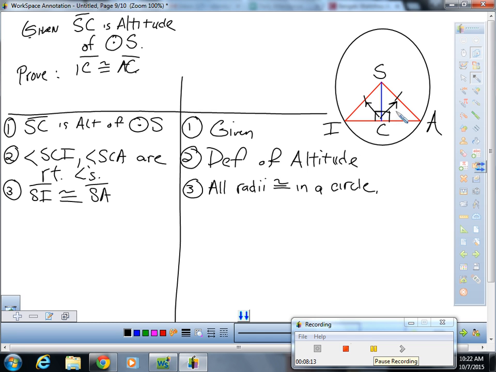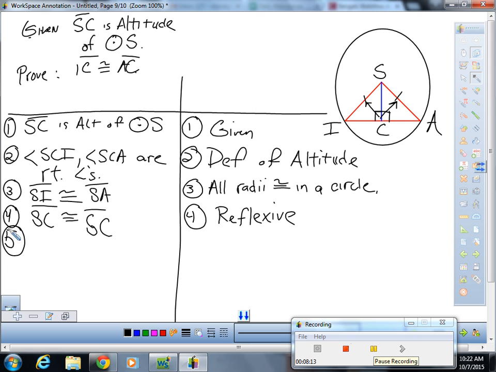I need an L. I need to show that one of my legs from my triangle on the left is congruent to one of the legs from the triangle on my right. Well, luckily, SC is a leg in both. And it's congruent to itself by reflexive. So now I have enough information to show that triangle SIC is congruent to triangle SAC.